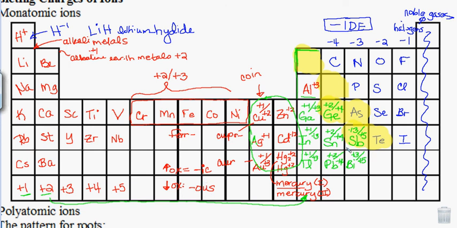Some ones that are harder that I do want you to know, as well as Mr. Seiler, would be your tin with a Latin root of stan, as well as your lead with a Latin root of plum. Some students have sat down and tried to remember that, so they basically just say Stan the plumber in this area in order to remember that it's stannic, stannous, and plumbic and plumbous.